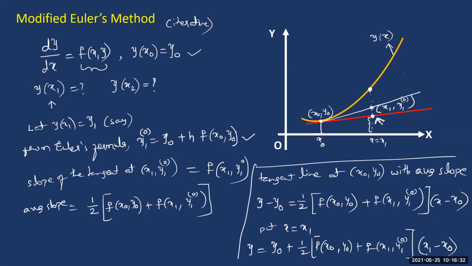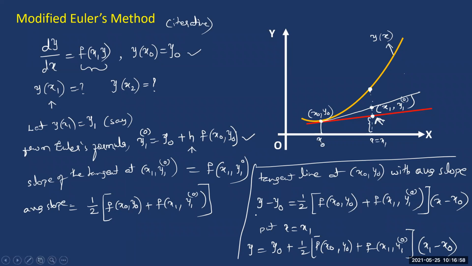Understand this carefully. We have already assumed the distance between x0 and x1 as h, and that is why we got this h here. The same h we need to continue. So this becomes simply y0 plus h into all this, so I can write y is equal to y0 plus h/2 times this sum, and that value I'm taking as y1 first approximation.